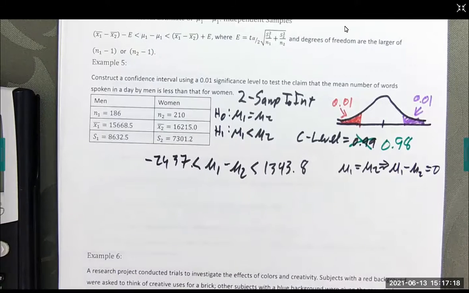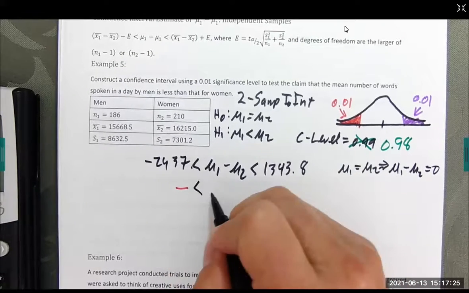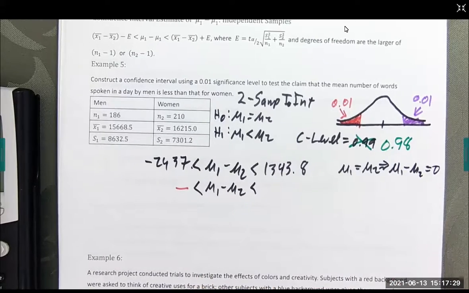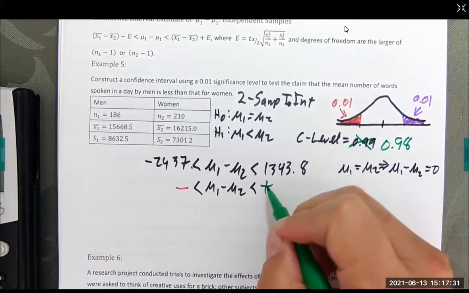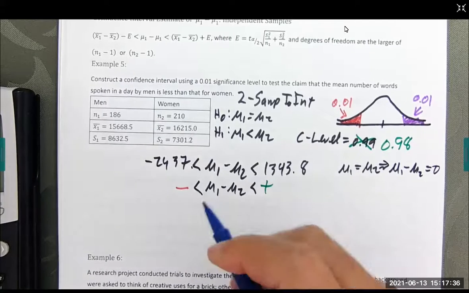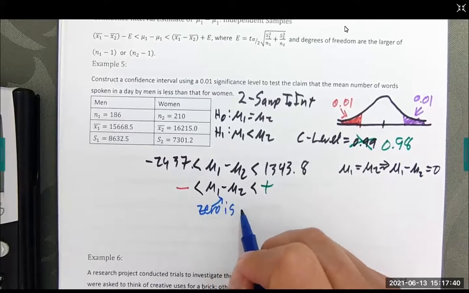So let's make that more clear. So we went from a negative to a positive, which means 0 is in there.